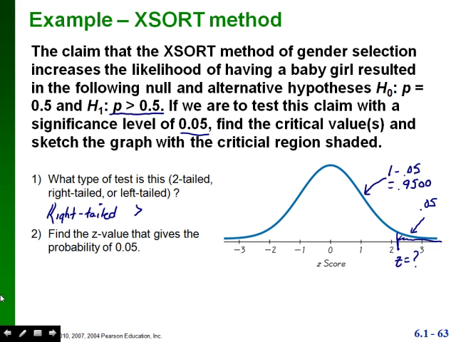So if we're using our table, then what we would do is look up 0.9500 in the middle of our table, find the value that's closest to it, and then find the corresponding z-score.